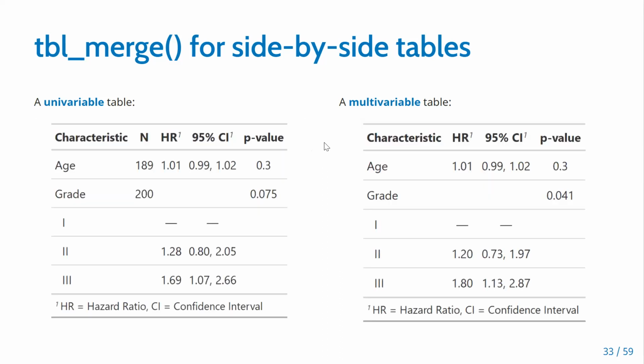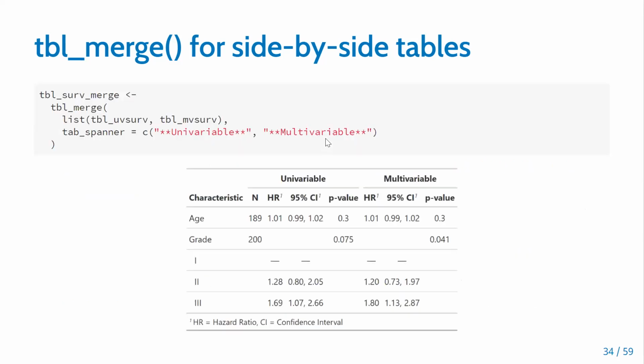So here's each one of them individually. They look very similar. The numbers are a little bit different because one's multivariable and one's not. So you can just drop the list of any number of gtsummary tables that you would like to merge as the first argument, and then optionally you can give a title for each one of the summary objects, and you'll add that as a spanning header.